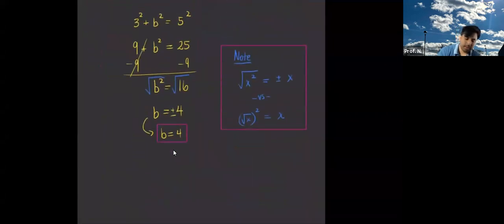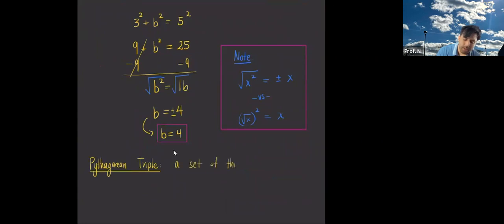And what I just showed you guys is an example of what's called the Pythagorean triple. What is a Pythagorean triple? It's a set of 3 numbers, usually whole numbers, that all together satisfy the Pythagorean theorem.